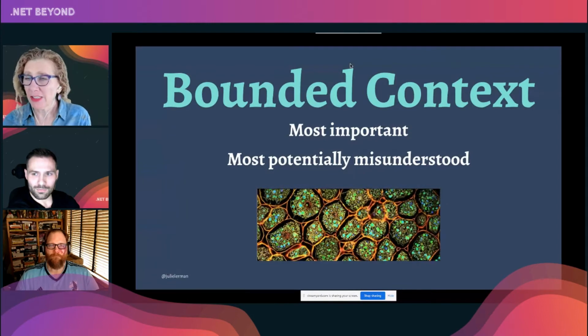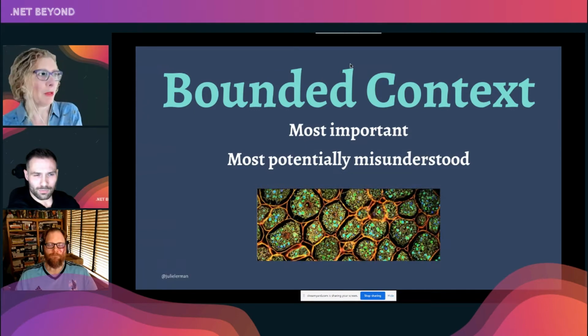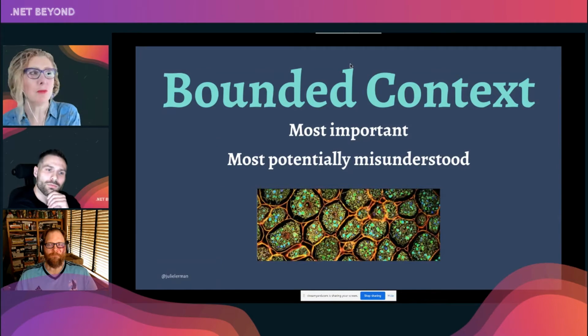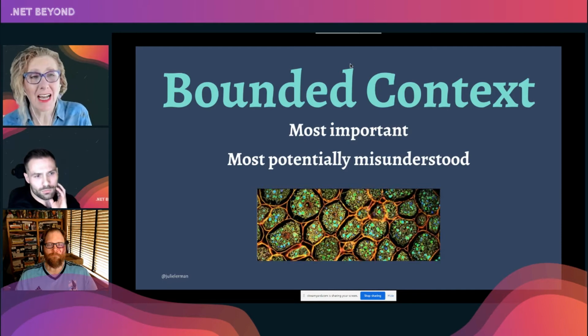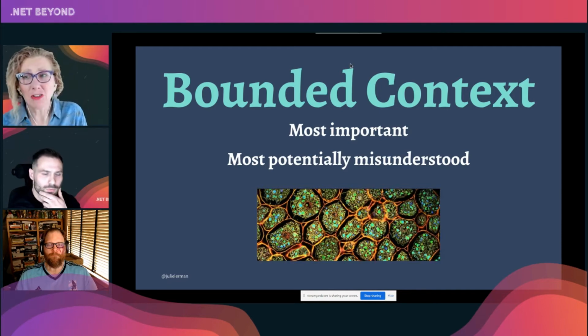His way of explaining it is, you're taking a big complicated problem and breaking it down into smaller solvable problems, right? And those bounded contexts are those smaller, more easily solvable problems, with the knowledge that eventually we have patterns to do it.